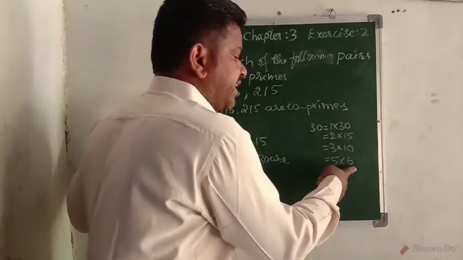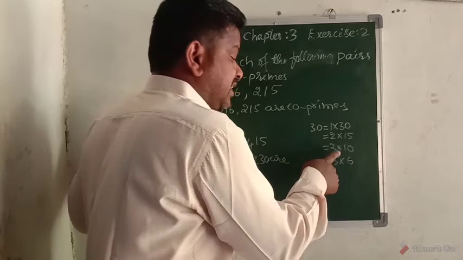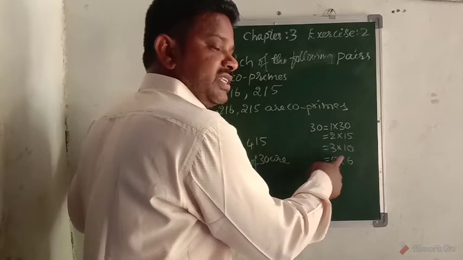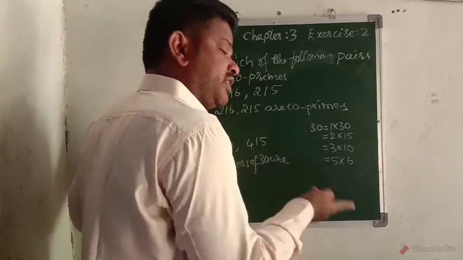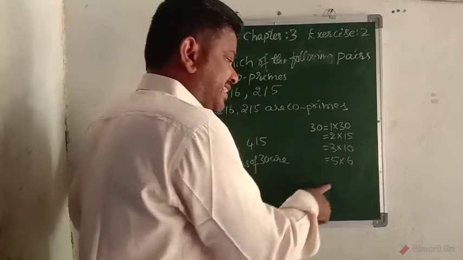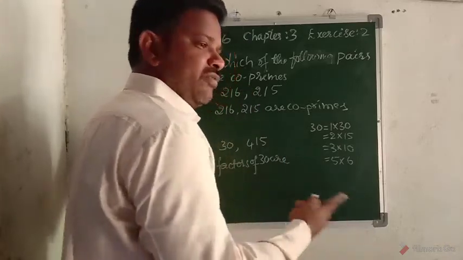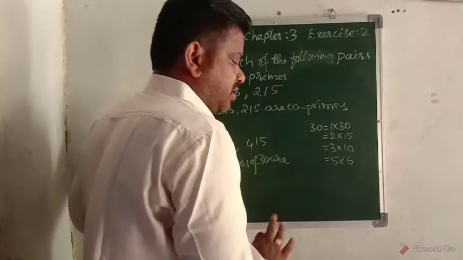No need to write 6 and 5, because it is already included. If you write 6 and 5, you get the same meaning, so there is no need to write it.